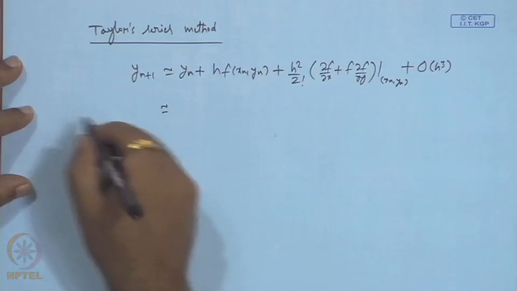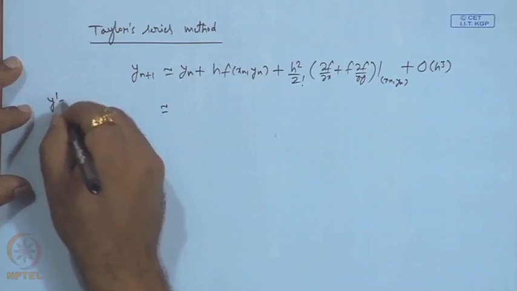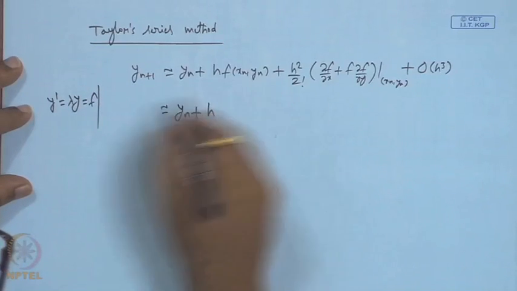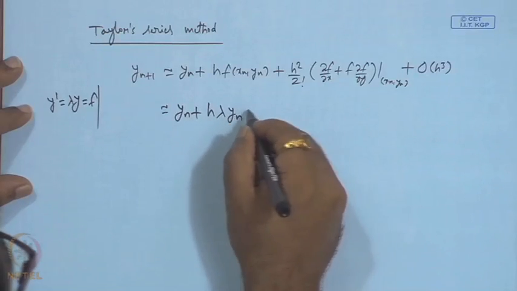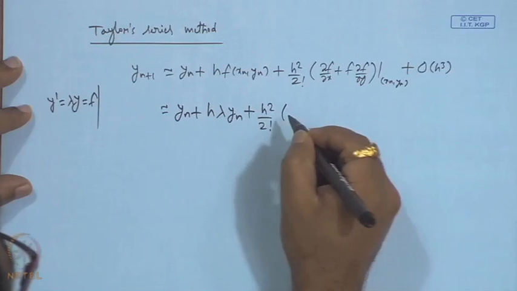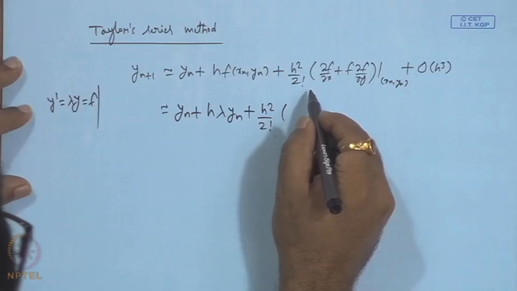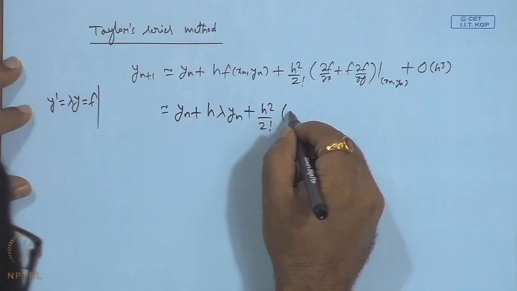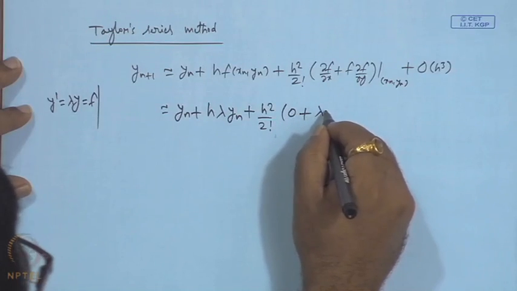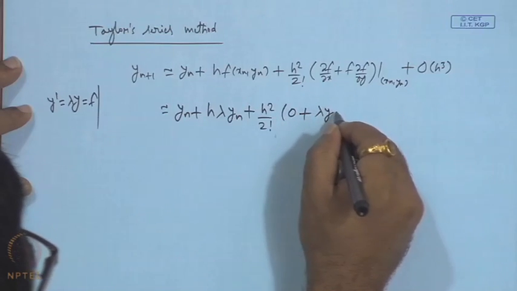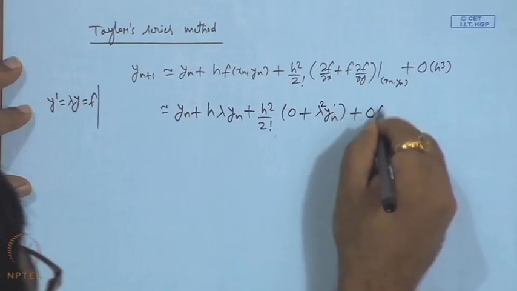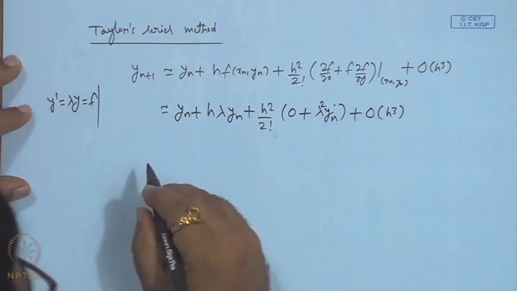So, now with the reference equation, that is y dash equals lambda y, which was our f, this reduces to y n plus, our f was lambda y n, plus h square by 2 factorial times dou f by dou x plus f times dou f by dou y, which gives lambda square y n, plus order of h cube.